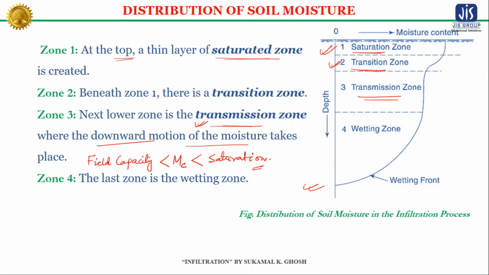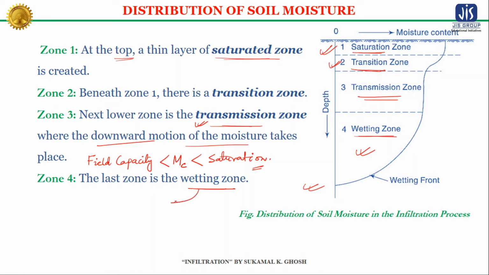Now our last zone is the wetting zone. You can see here, this is our last zone, which is called the wetting zone. The soil moisture in the wetting zone is nearly equal to the field capacity, and the moisture content decreases with the depth. Let me write it here.